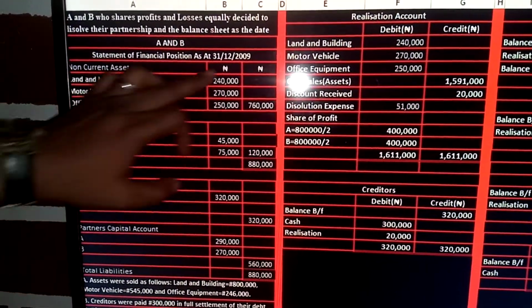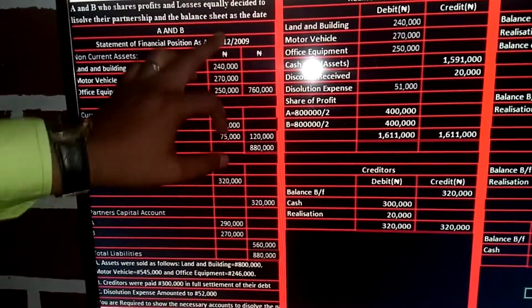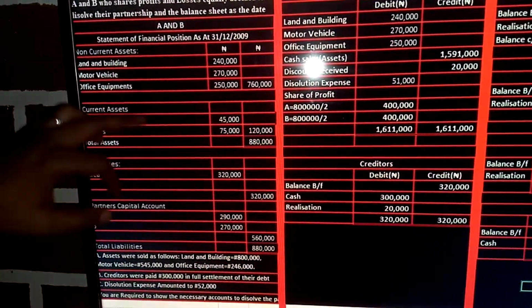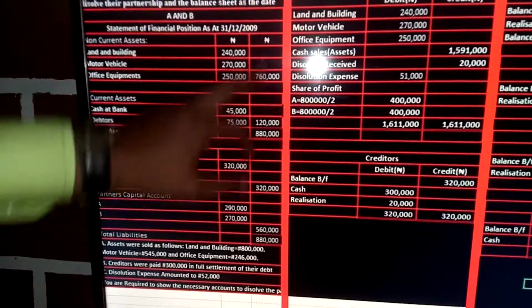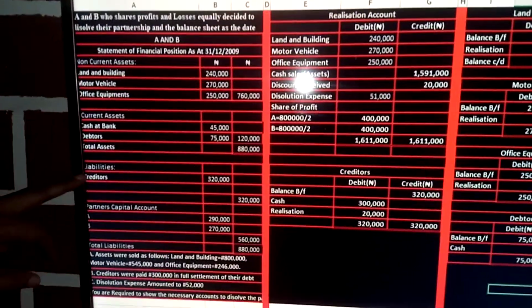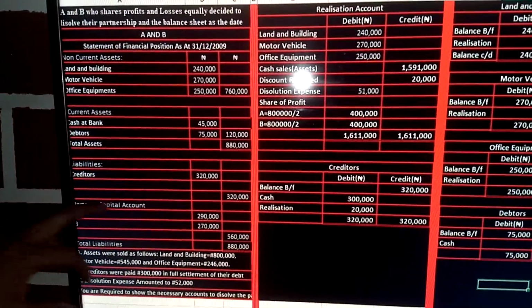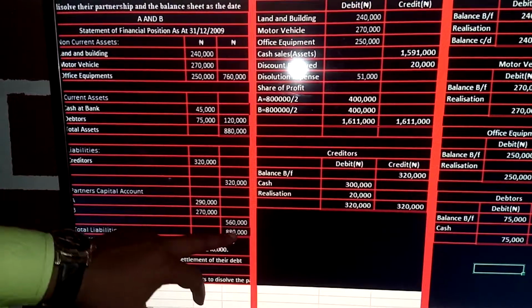We have land and building 240, motor vehicle 270, office equipment 250. Altogether it is 760. They have current assets, cash at bank 45,000, debtors 75,000, altogether 120. So total assets here is 880. Then liabilities: creditors 320. Partners' capital, A and B, 290 and 270. So 560 plus 320, that's 880.